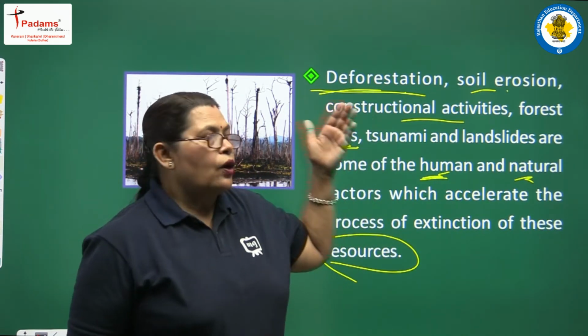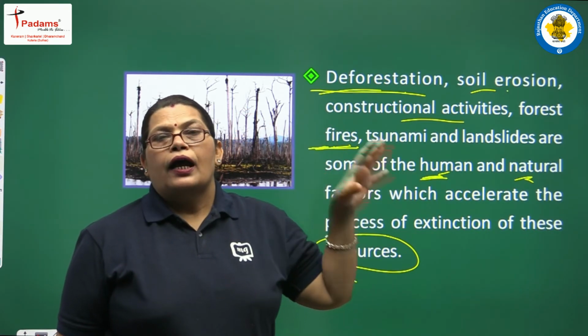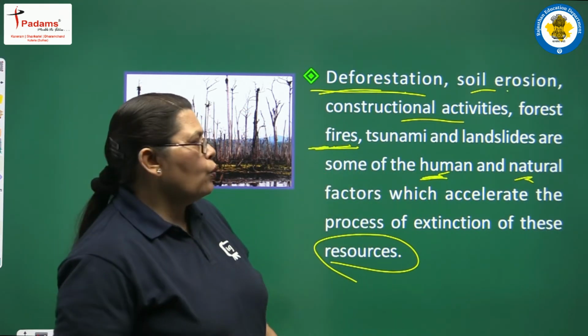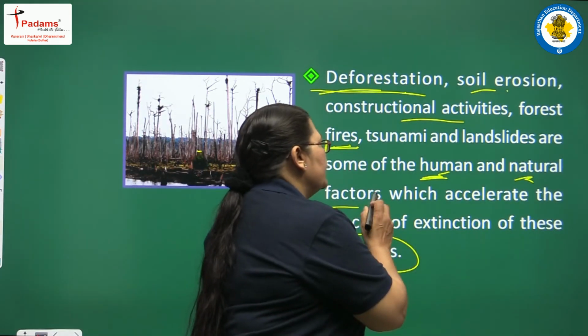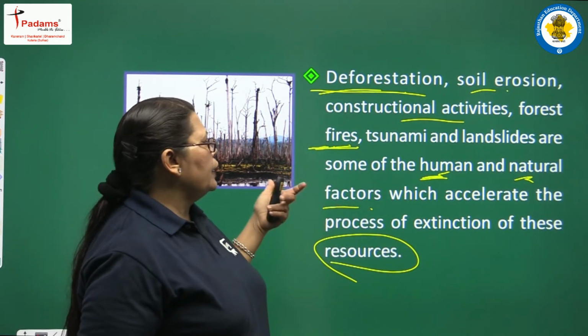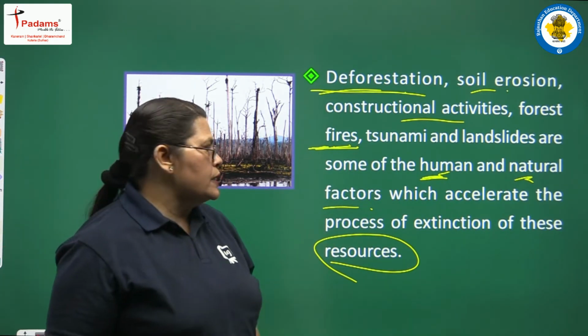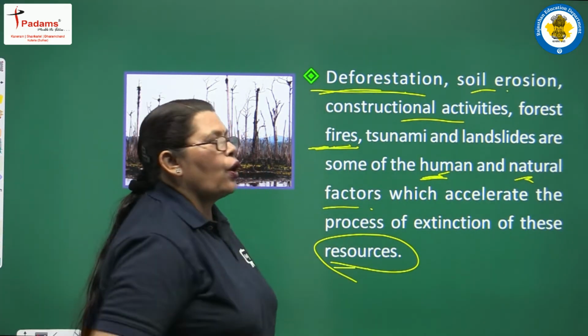And plus all these forests, all these natural conditions of our environment are also losing their own image. So all these things must be preserved, and it is our moral duty, because humans and natural factors accelerate the process of extinction of these resources.